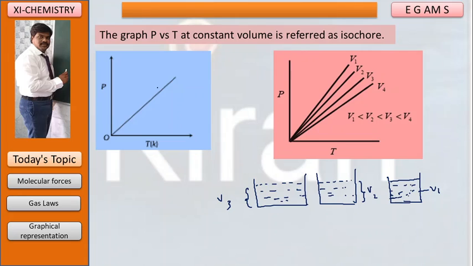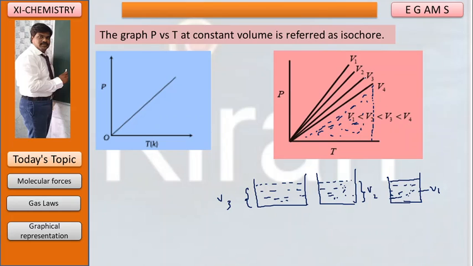So for V1, I have drawn a straight line because it has this much volume. And when we go to V2, it has some extra volume.